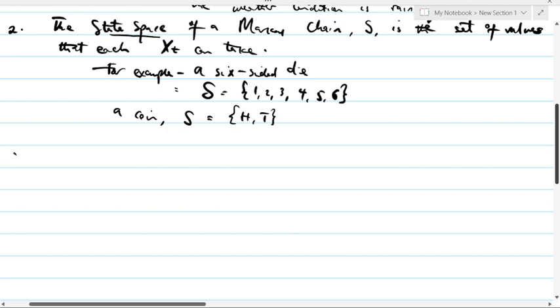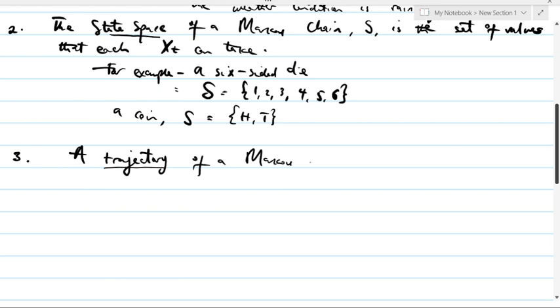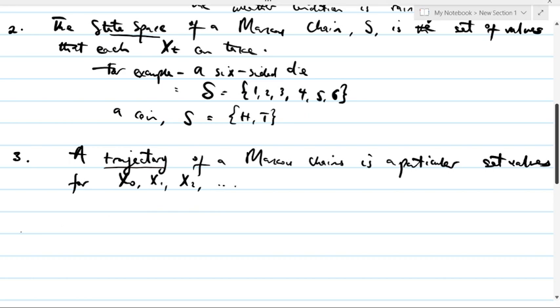So definition 3. A trajectory of the Markov chain is a particular set of values for x0, x1, x2, and so on.